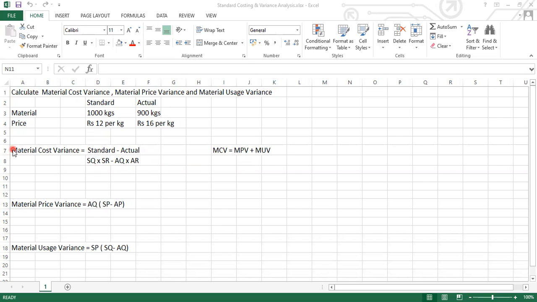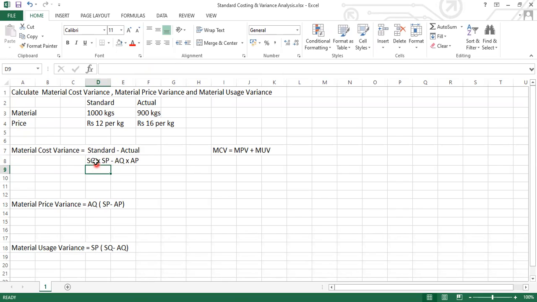Okay, so see, whether you use the standard rate or the standard price, it's one and the same. So it's up to you what you want to write. If you want to write standard price, then just write standard price. If you want to write standard rate, then just write standard rate, because the meaning is one and the same. Now here price is given, so that is why I'm using the standard price in the formula.